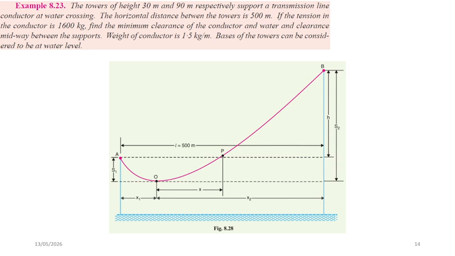So this type of analysis, as I told you, is essential in transmission line design to ensure adequate ground or water clearance, maintain mechanical safety, and satisfy electrical installation requirements under different operating conditions.